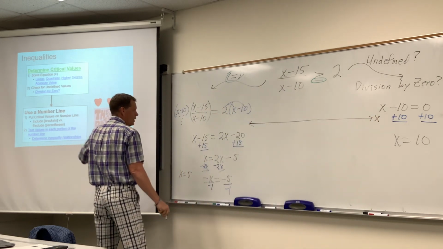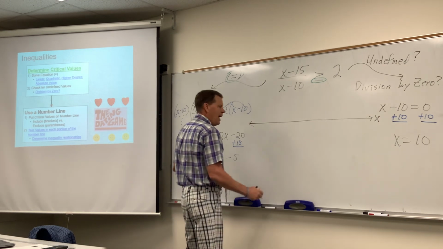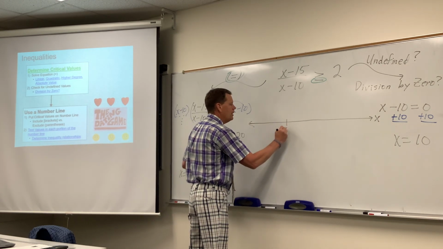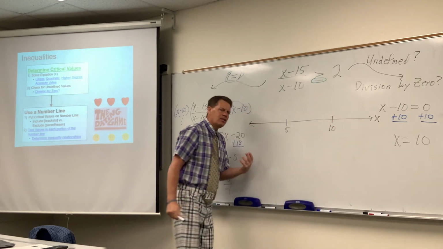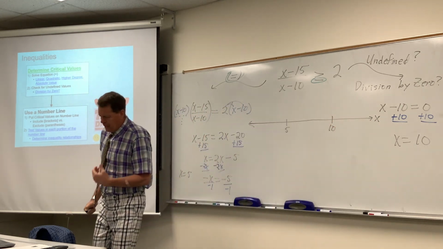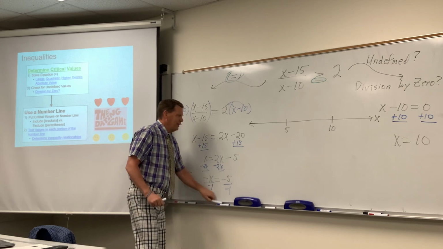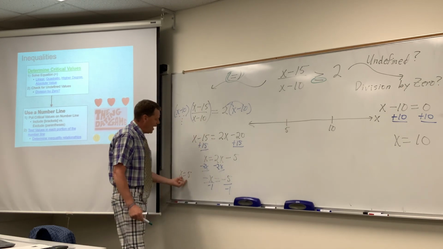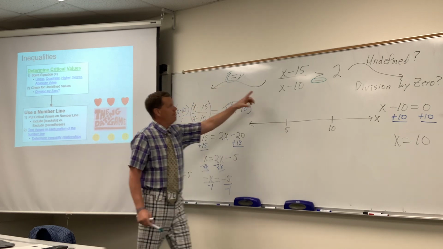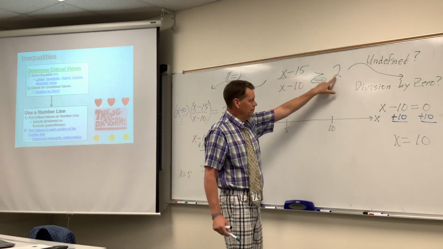So we're going to put these critical numbers on a number line. And we notice that 5 was a critical number, and so was 10. And now we're about to label why they are critical. Well, again, it's all about mathematical relationships. Let's remember that the number 5 was the number that made that fraction equal to 2.